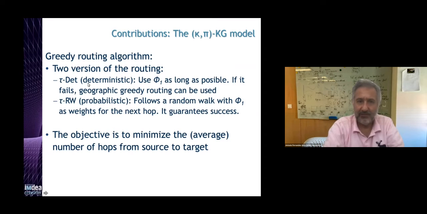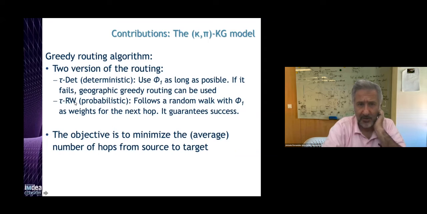The tau-det, from deterministic, in which the function that I just showed is being used in order to decide what is the next neighbor to hop to or route to. But if there's no neighbor with a higher value of phi1, then the routing fails.